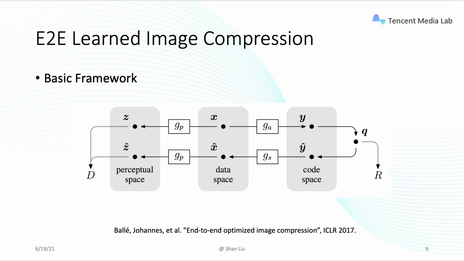Here, a loss function is designed as rate plus lambda times the distortion to combine the impact from both bit rate and distortion, and the training is conducted using the loss function from end to end in order to find the best trade-off.